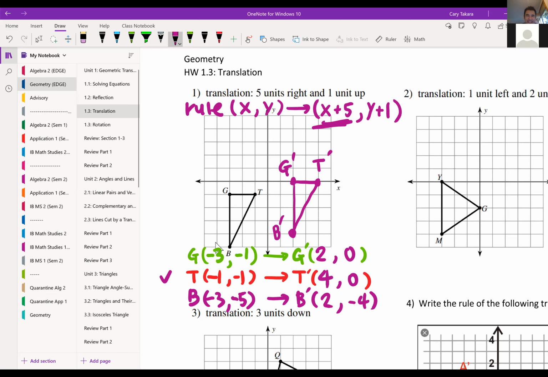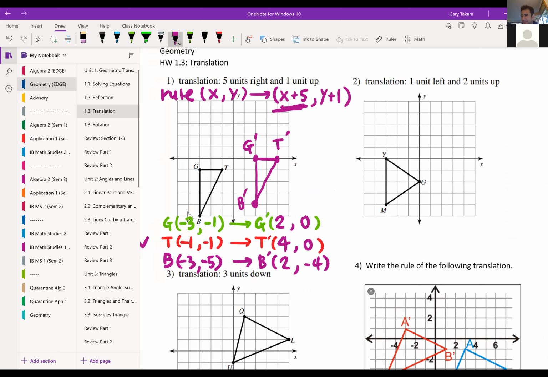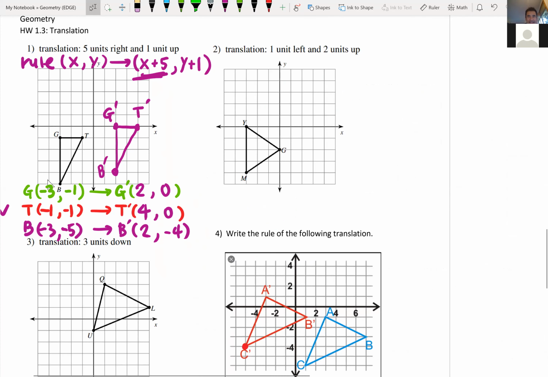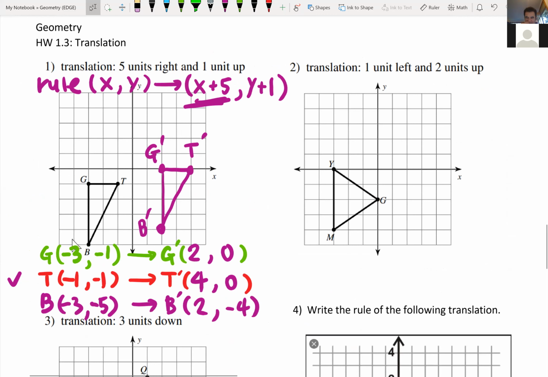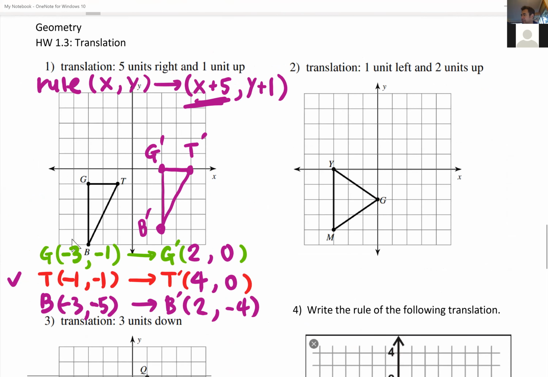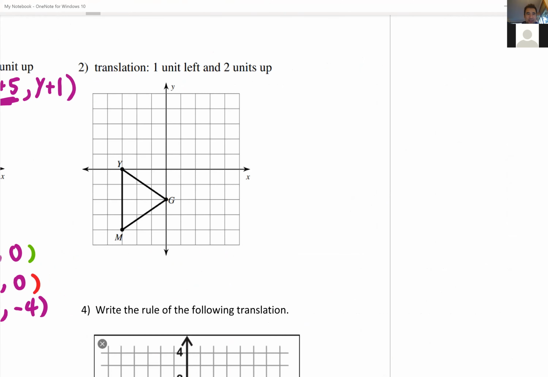All right. Let's do number 2. We're going to do the same thing. I'm going to give you 2 minutes to work on it. So I'm going to scoot it over.